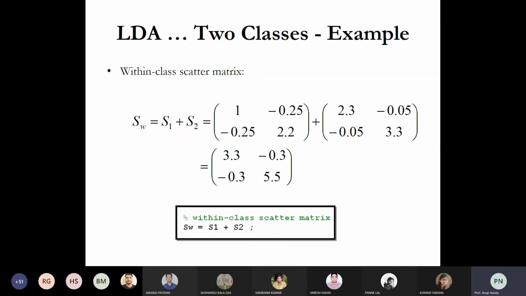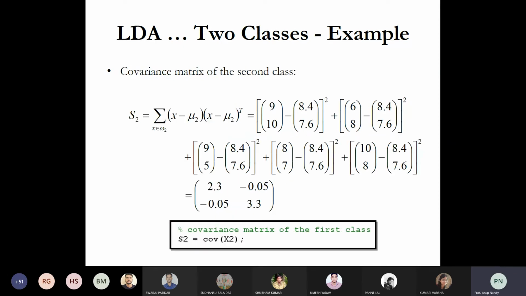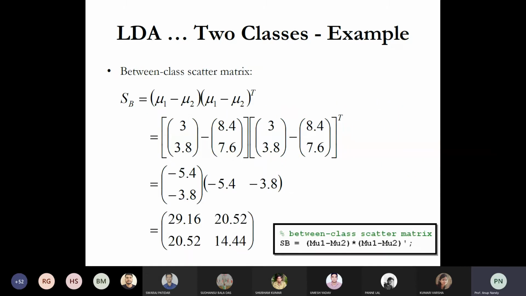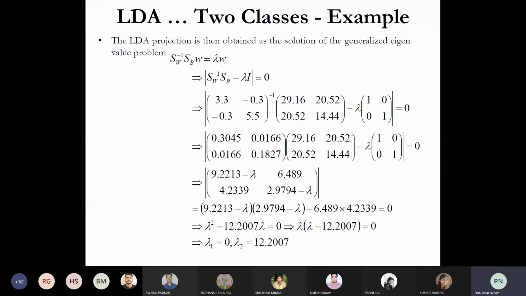So you have computed the within class scatter by S1 plus S2, and how S1 is computed you already know, it is the covariance matrix. And the between class scatter formula is mu1 minus mu2. Now just look at this JW. JW is equal to (mu1 minus mu2) squared divided by S1 squared plus S2 squared. This is the formula that you will have to apply, that's it.